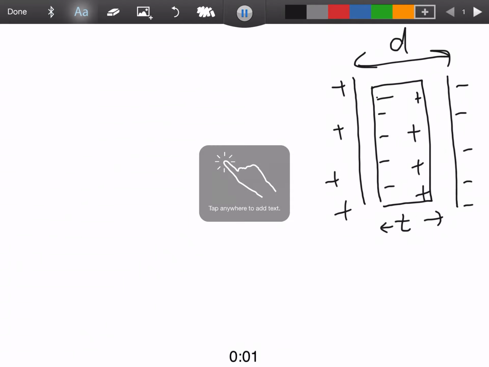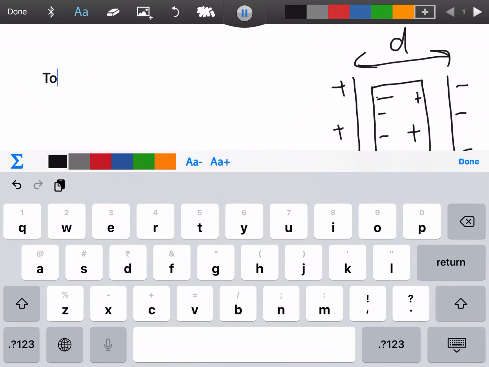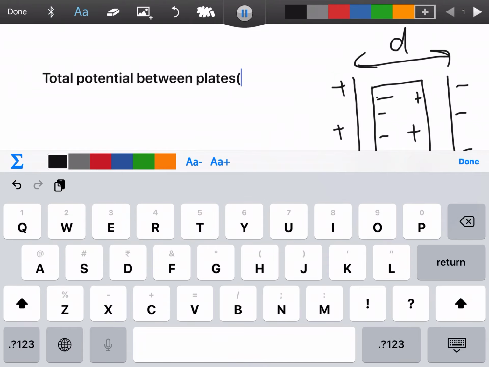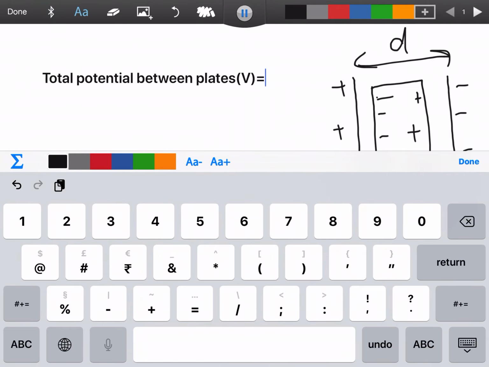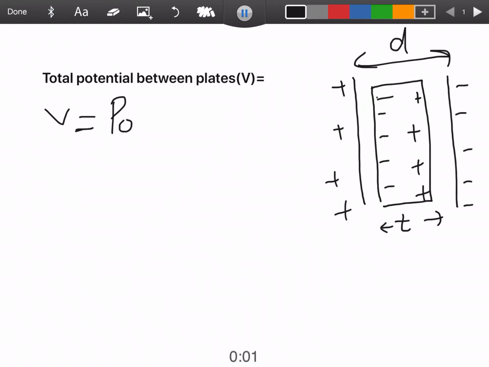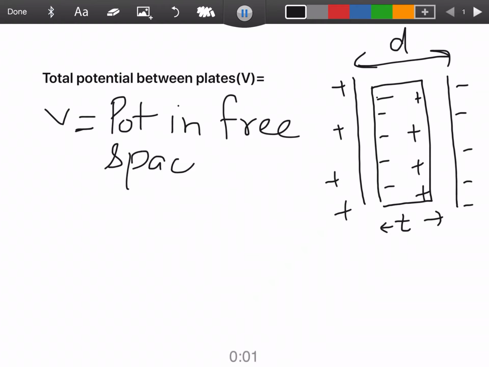So total potential between plates, we will be denoting this with capital V, will be equals to potential in the free space plus potential in dielectric slab.